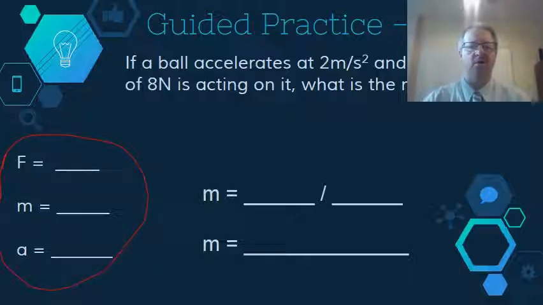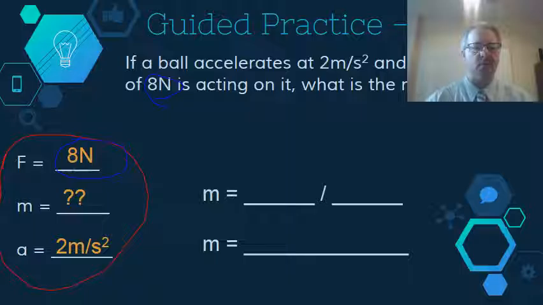We know that we've got 8 newtons, and we also know that we've got to solve for mass. We're not given mass in the problem, but we are given the acceleration, which is 2 meters per second squared. You see it here, so we'll put it down here.